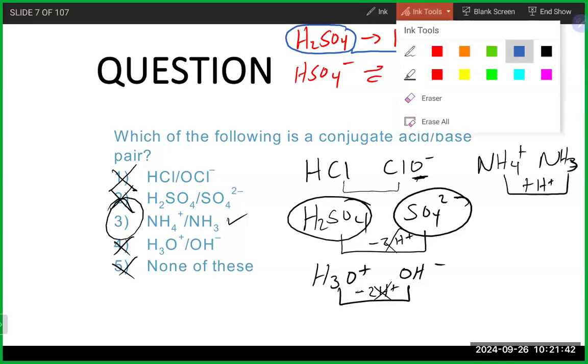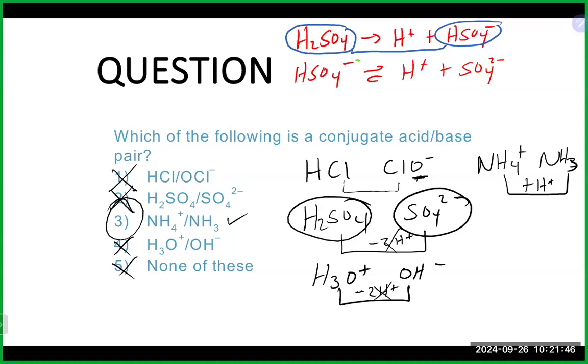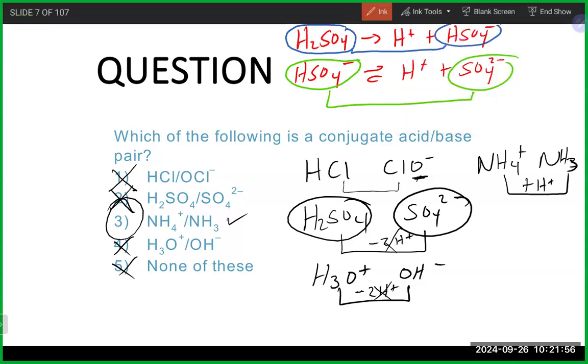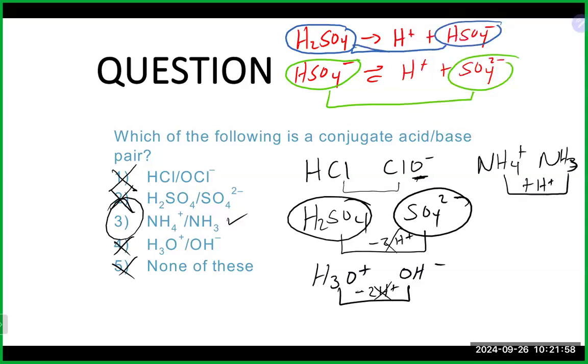If we look at this guy here and this guy here, they also would be partners, as that is a 1 H plus difference. But as we had in this problem, jumping from here directly to here, not good because, again, that's a 2-step fashion. Any questions on that there?